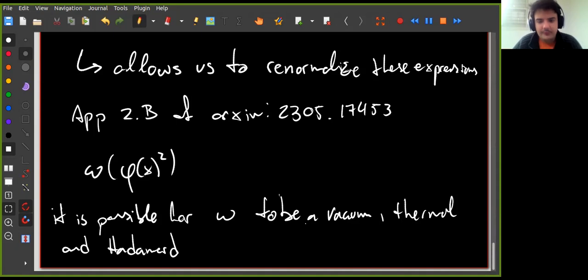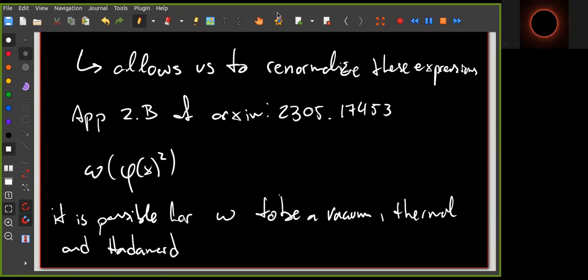So the thing is, we are going to focus on vacuum states that are Hadamard, and some of them turn out to be thermal as well. So it is possible to renormalize thermal states as long as they are Hadamard.